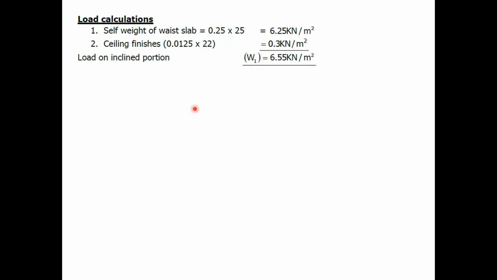Okay, next take down load on horizontal span. Load on horizontal span is equal to W1 into root of R square plus T square divided by T. What do you mean by R and T? Rise and thread. Yes, good.